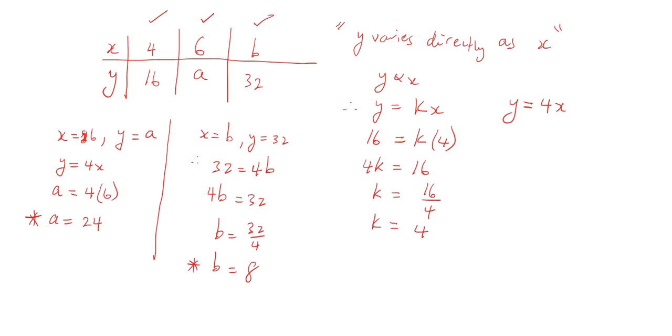Okay, let's give you another example. So let's say we have another table here. We have x and we have y, and x is 6, 3, 14, a, and b, 8.